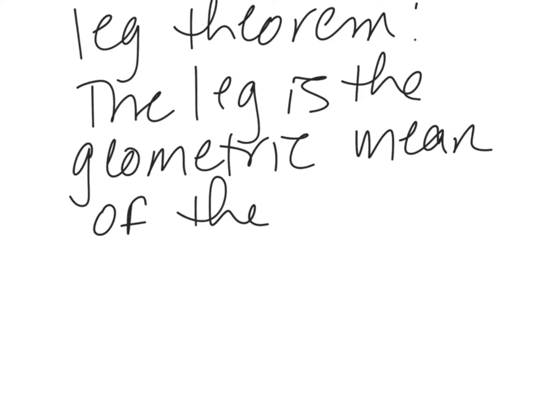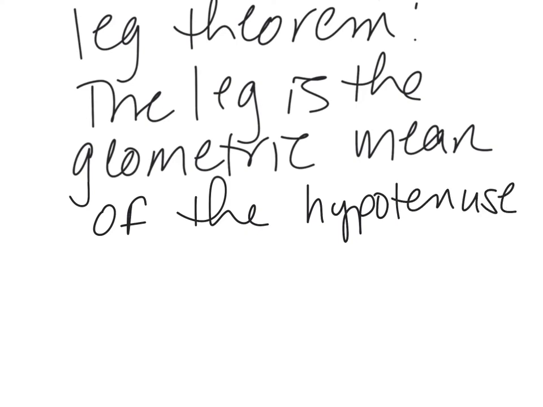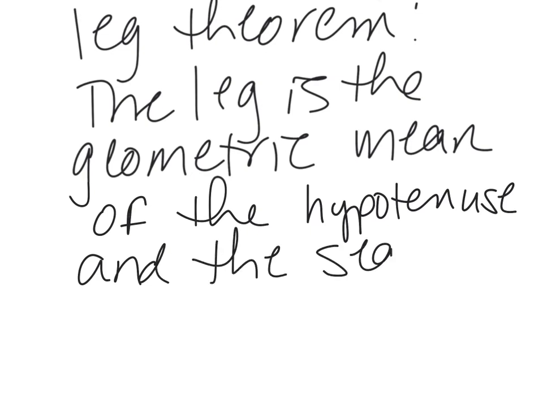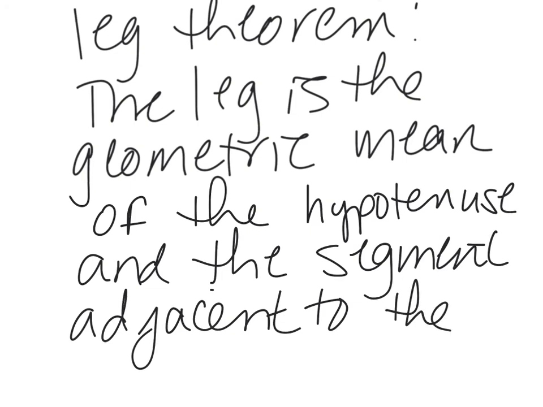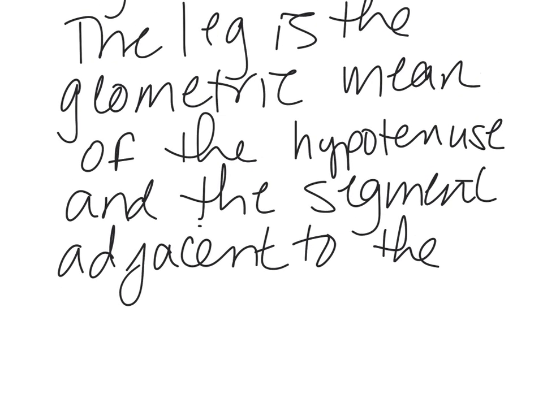The leg is a geometric mean of the hypotenuse of the triangle and the segment or piece of the hypotenuse adjacent to, or touching, the leg that you're trying to find.